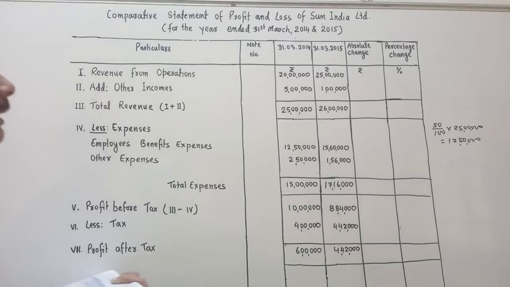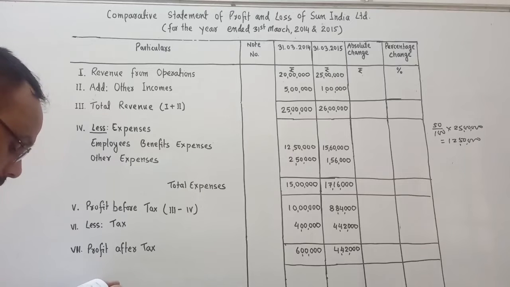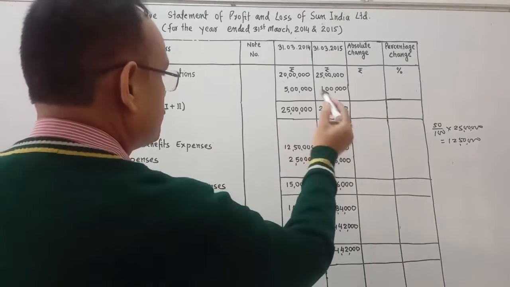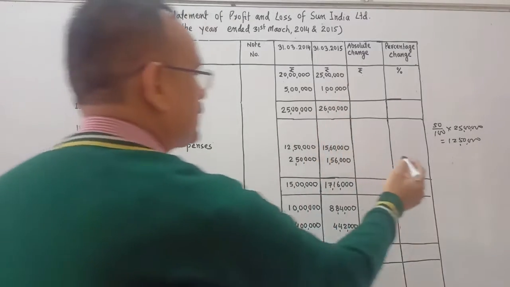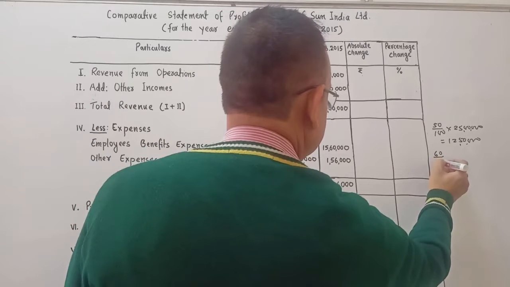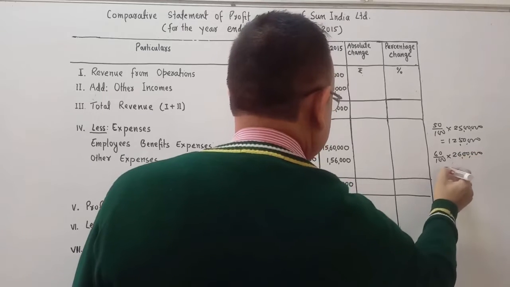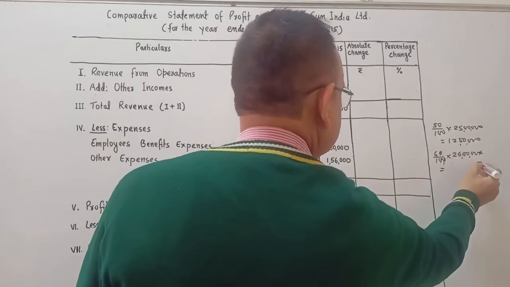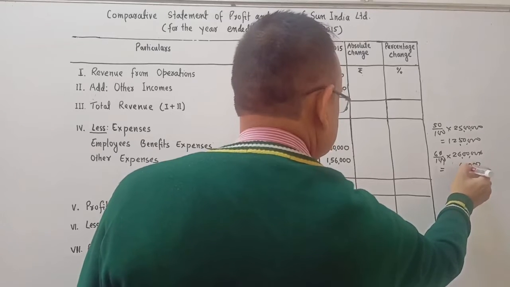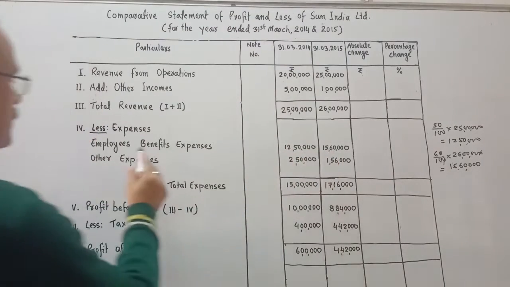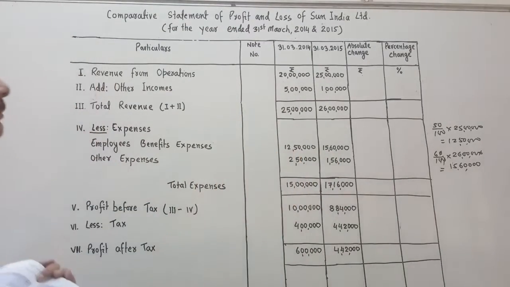And in 2015, employee benefit expense is 60% of total revenue. Total revenue is 26 lakhs, so 60% of that is 15 lakh 60,000. So in 2014 it is 12 lakh 50,000, and in 2015 it is 15 lakh 60,000.